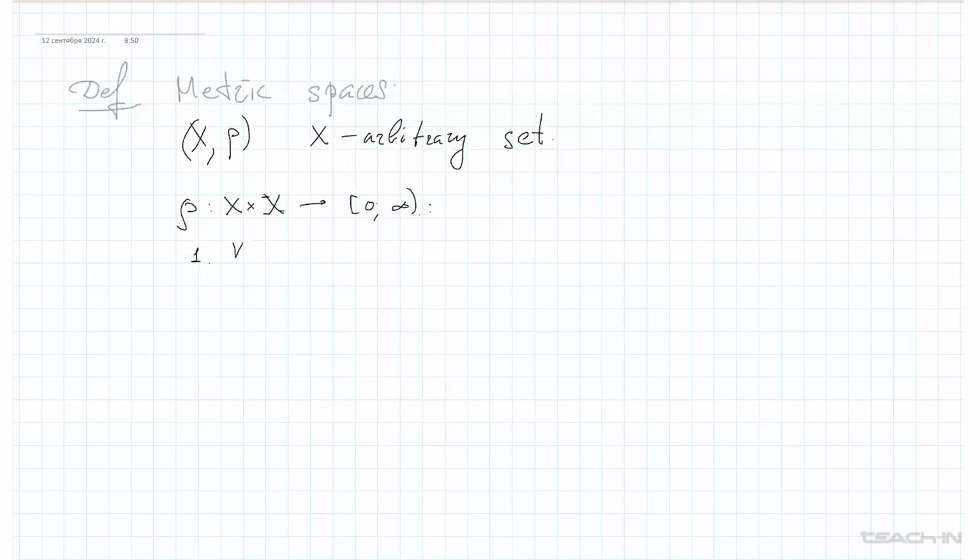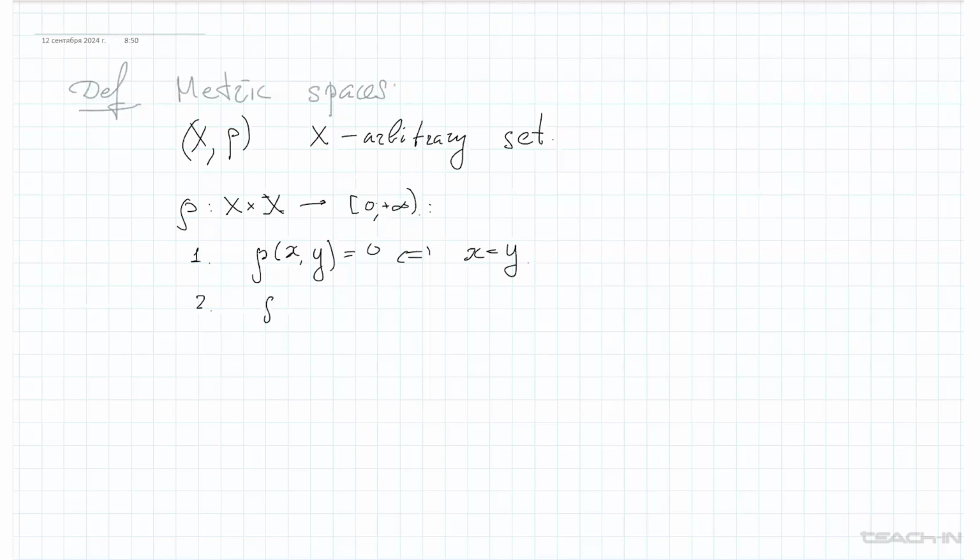First, 0 can be only on equal elements. Here I define this non-negative numbers. So it is equal to 0 if and only if x equal to y.